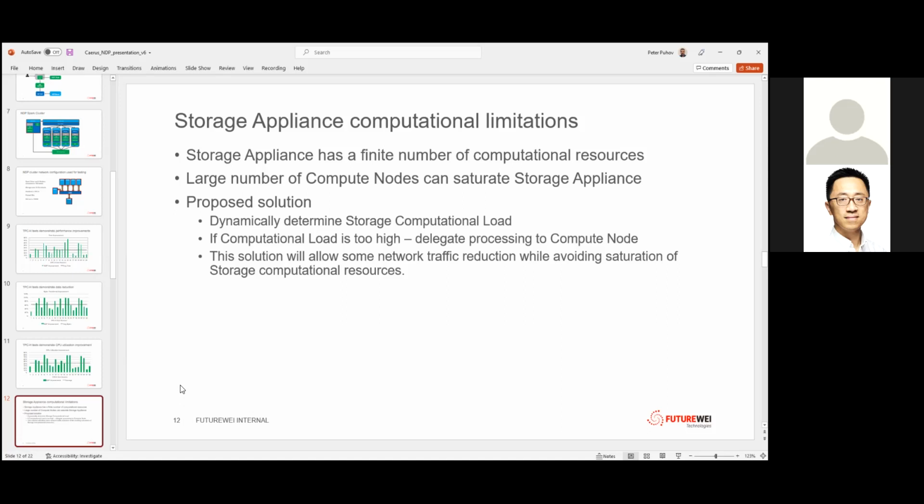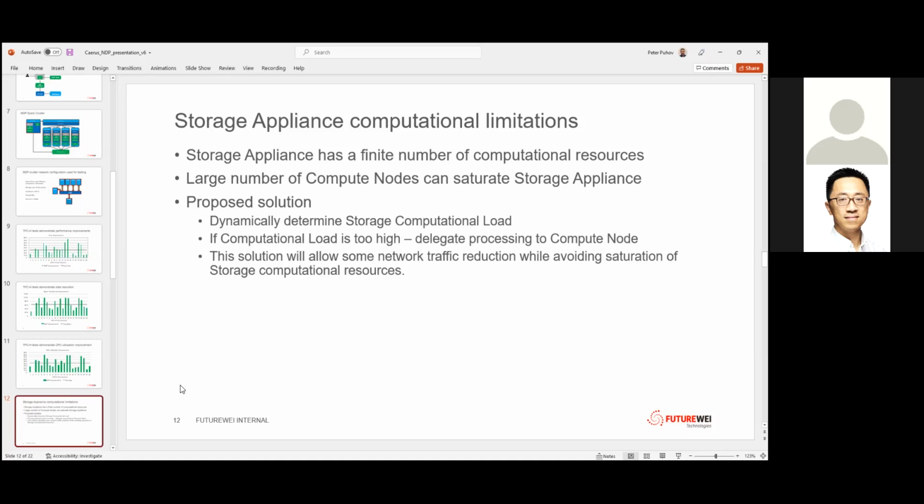So what we proposed, what we actually did, we figured out a way to dynamically determine how busy the storage is, and upon a request from the cluster, we make a dynamic decision whether to process that data at the storage level, or delegate it to the near compute processing box, you remember.